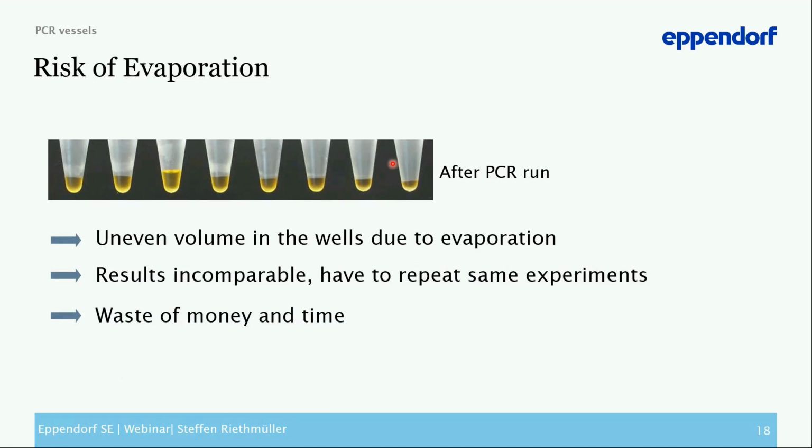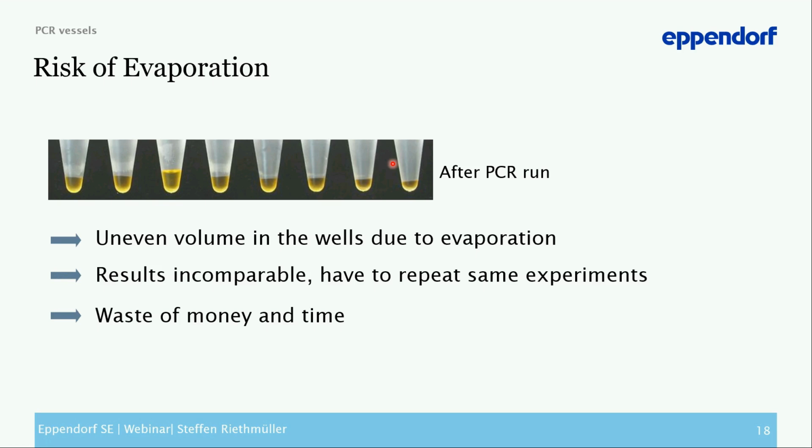Another point I would like to address here is the risk of evaporation, and this is a very important point because if you have uneven volume in the wells due to evaporation, your results are incomparable and you have to repeat the experiment.